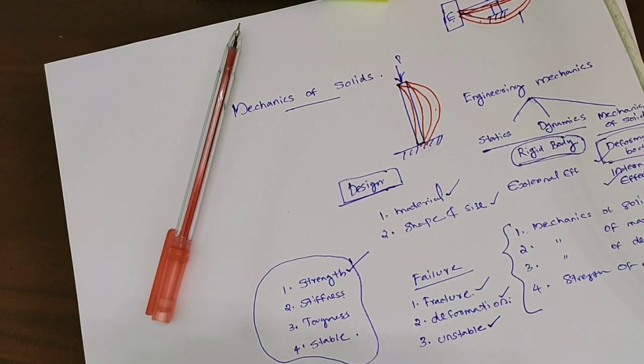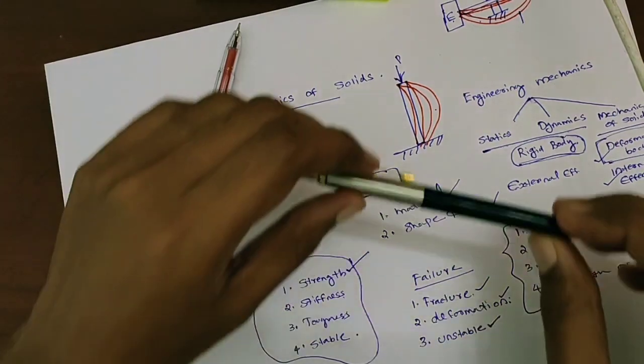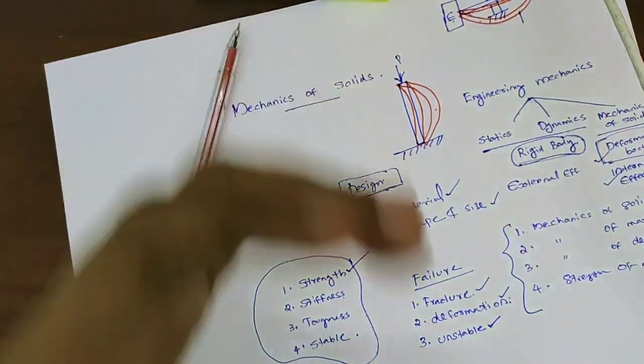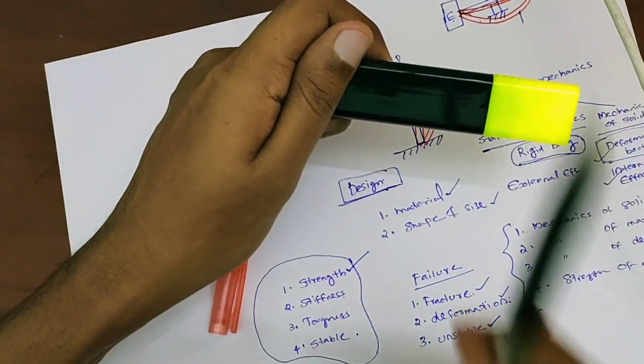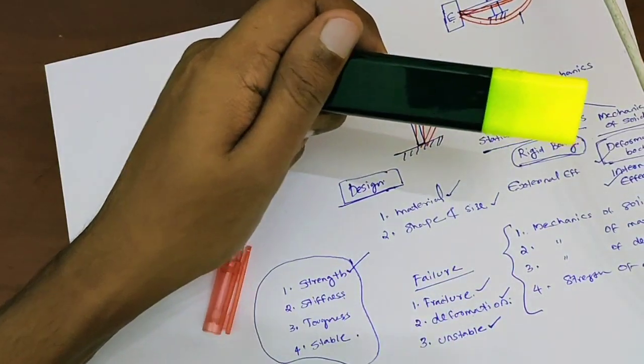And third one is toughness. Toughness is actually for a member subjected to dynamic loads. During dynamic loading conditions, there may be impact loads. For example, when I strike this body with a hammer, that is an impact force.